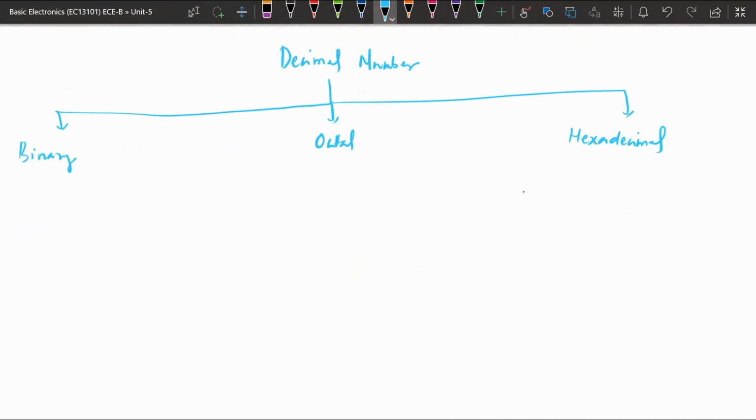The base here is 2, here the base is 8, and here the base is 16.